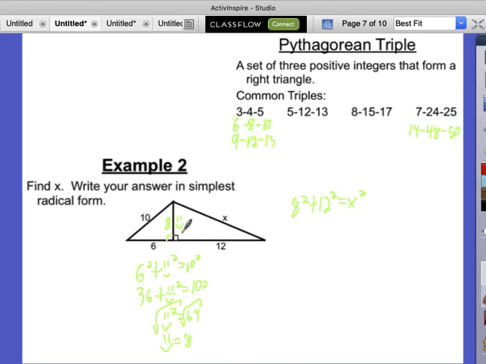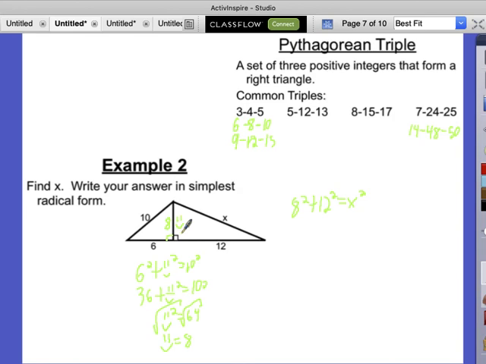Put your packet on the corner of my desk. How did people do that so fast?